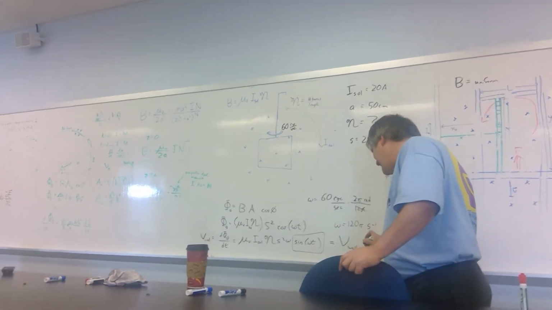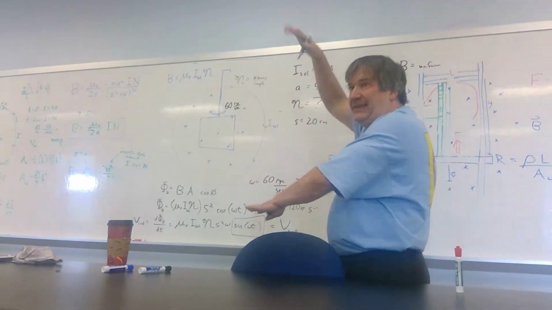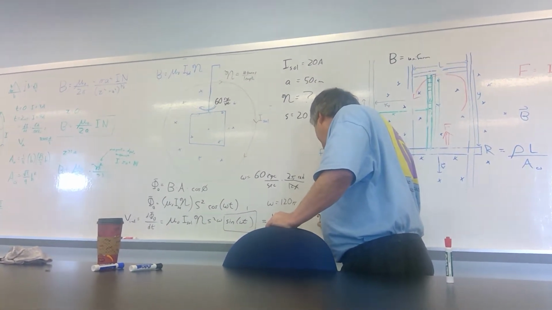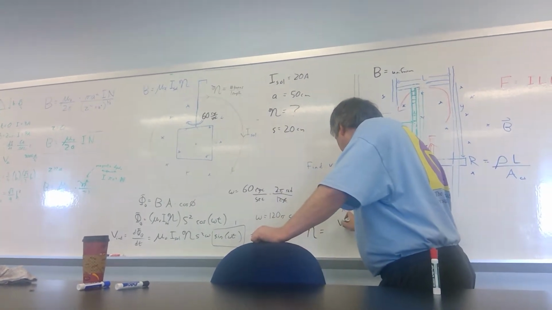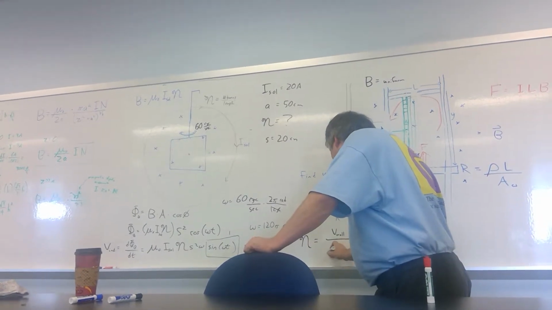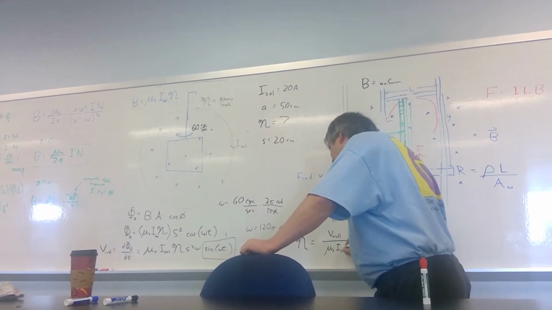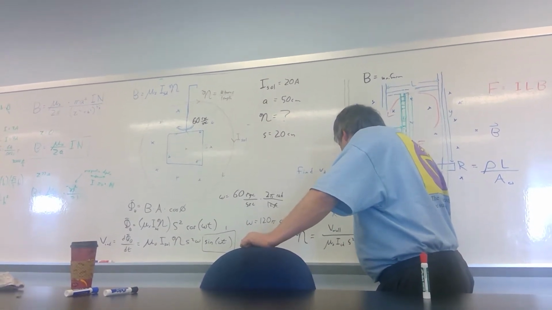So this is 1 at its peak. So this would tell me my number of turns that I need per unit length is going to be V wall, my 110 volts, divided by mu naught, I solenoid, S squared, omega.